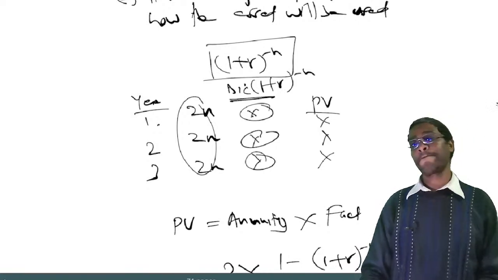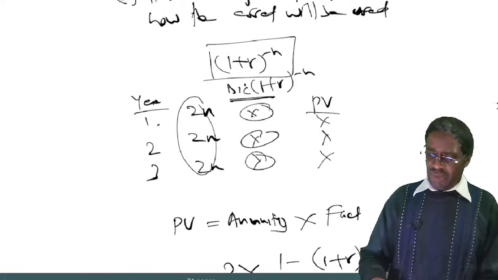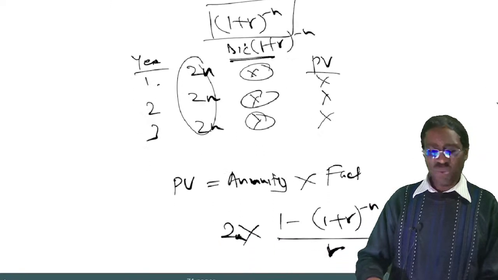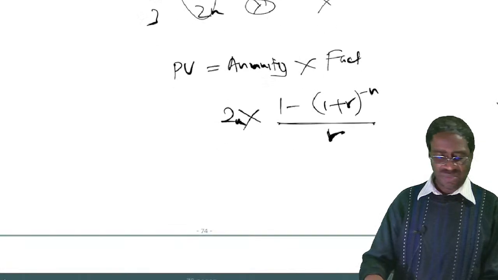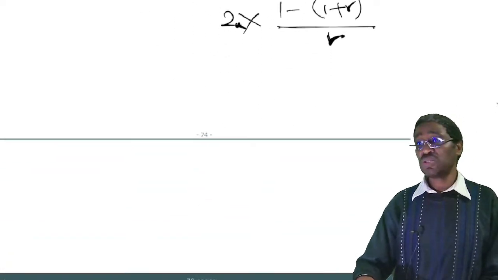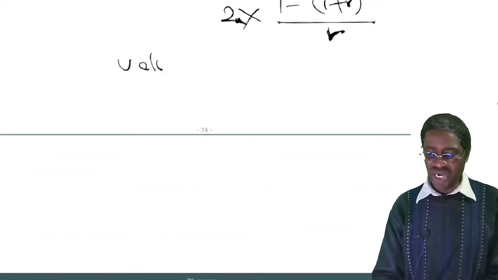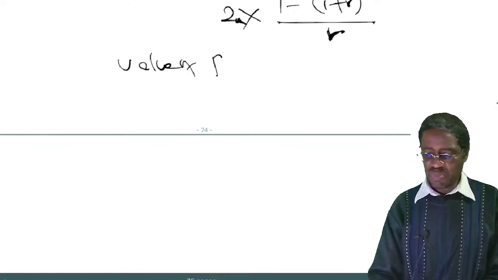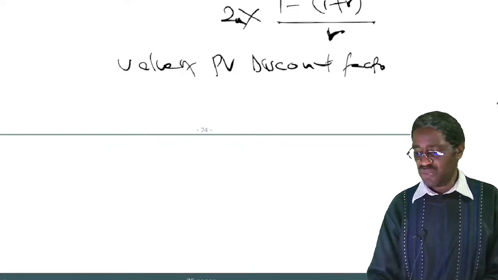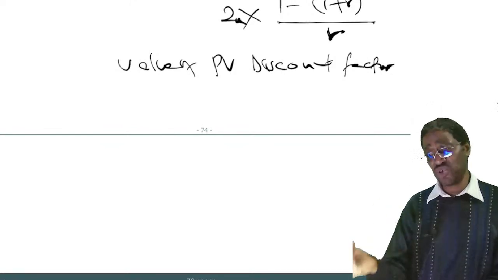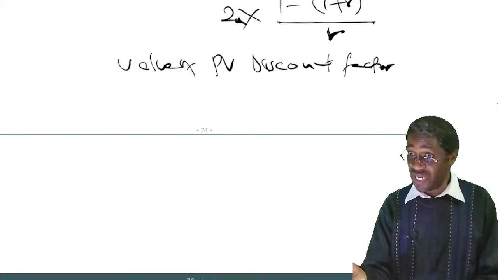Good. Now, maybe for the formula, we can put down that formula. Put down this subheading: present value discount factor. Just to remind you. Otherwise, some questions may give you the annuity factor, some may not.